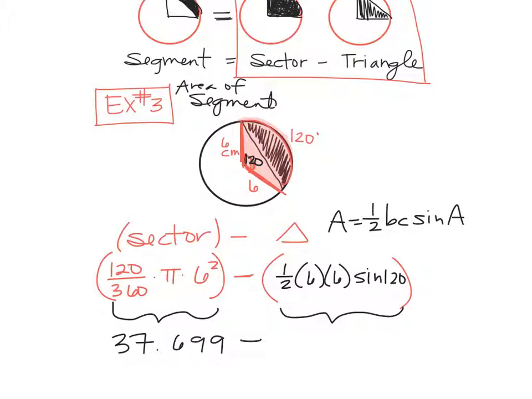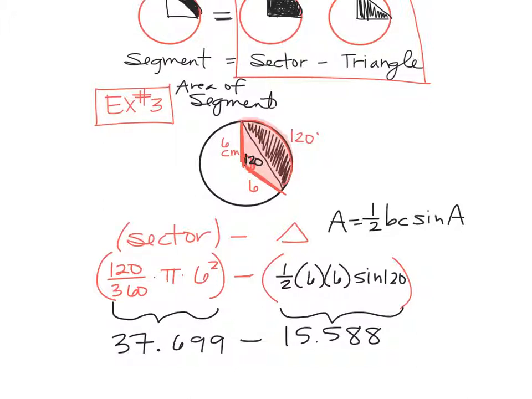Don't round to the nearest tenth here. Your last answer is nearest tenth. So round to the nearest thousandth, 3 decimal places. Then plug in 1/2 times 6 times 6 times sine 120, and you get 15.588.